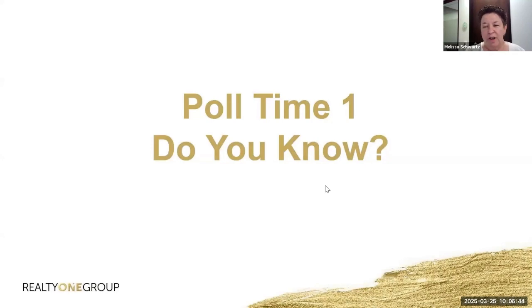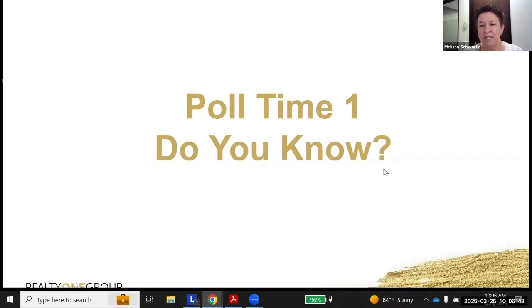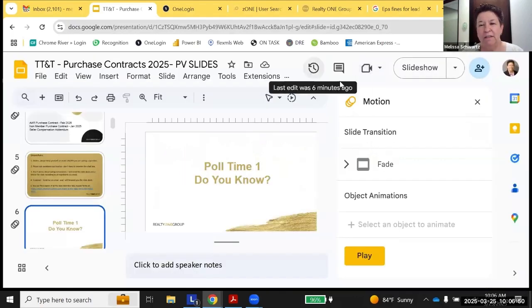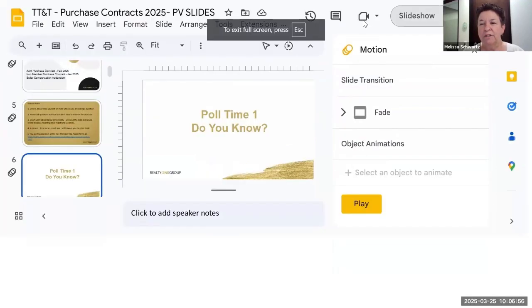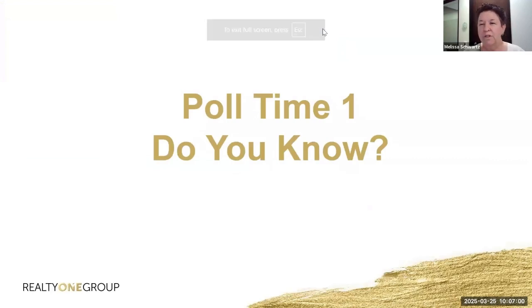Well, we're going to try to see if I can do a poll. Now, I think I have to escape out of that. Let's see. Well, maybe I don't have to escape out of that. Hold on. We'll go back into slideshow. Let's see if I can do this. Where's polls? More? Yay!